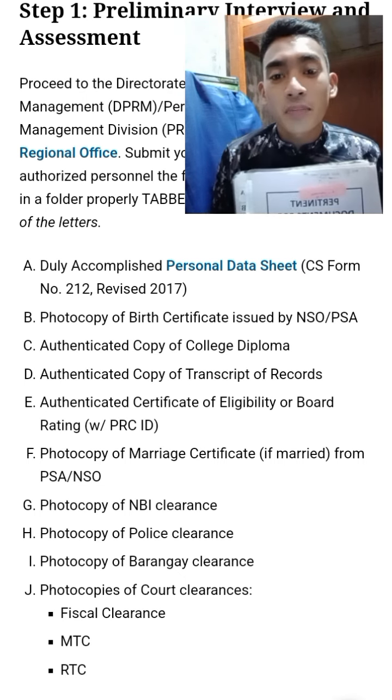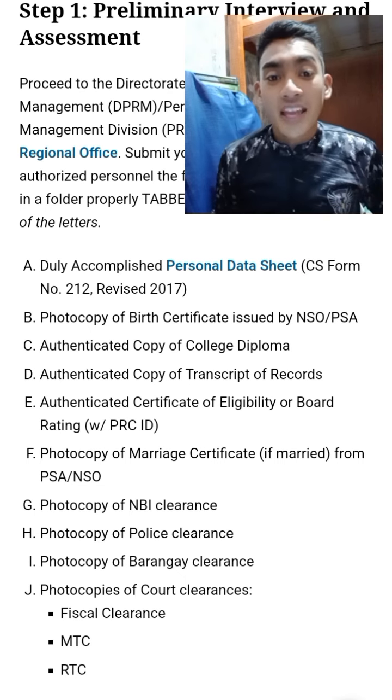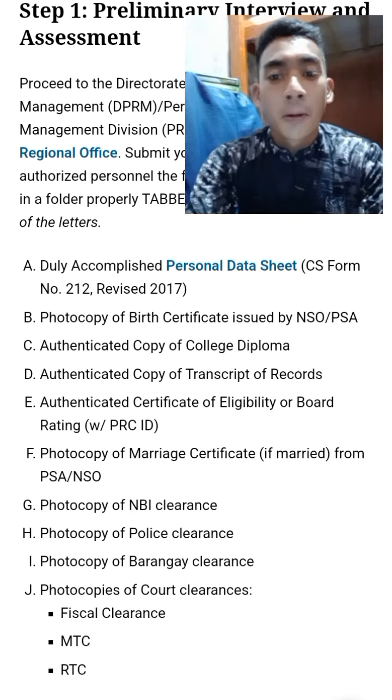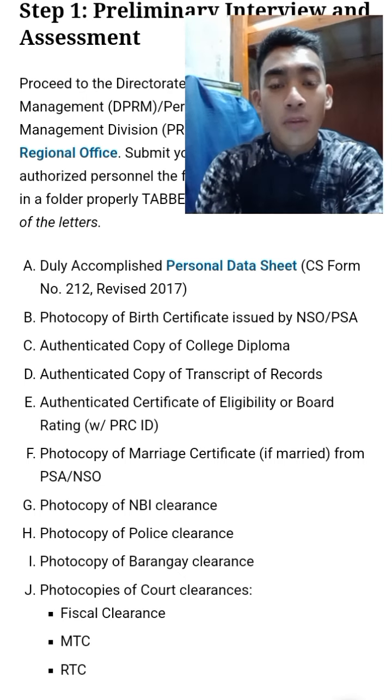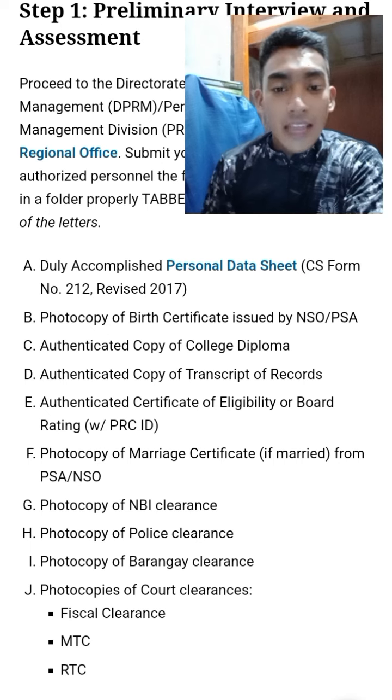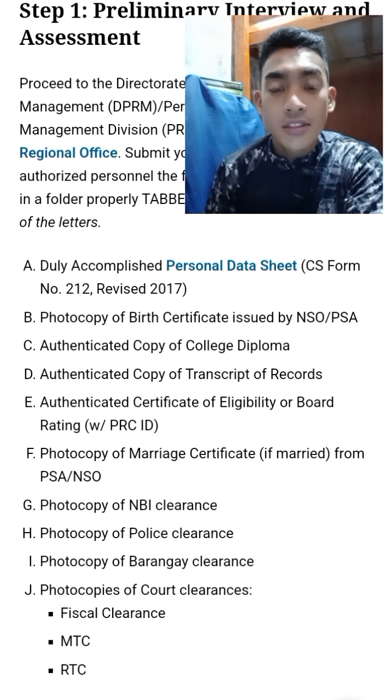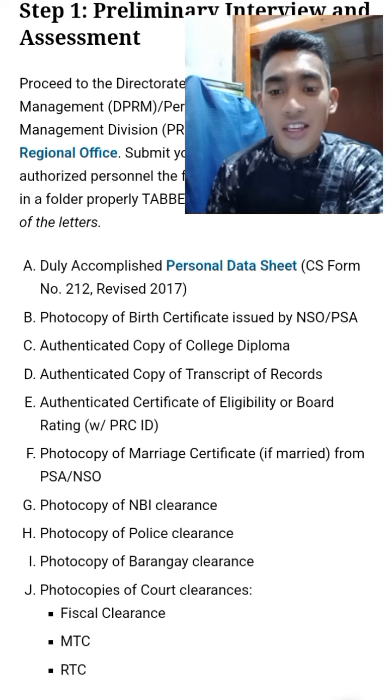Next, photocopy of birth certificate issued by NSO or PSA. Then the authenticated copy of college diploma. I am suggesting that you authenticate at least 5 copies of your college diploma and your transcript of records for your future purposes.